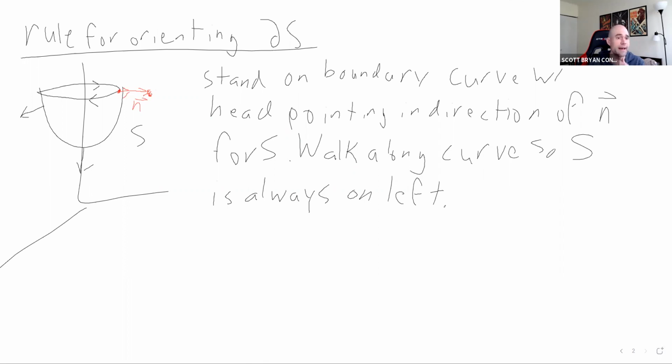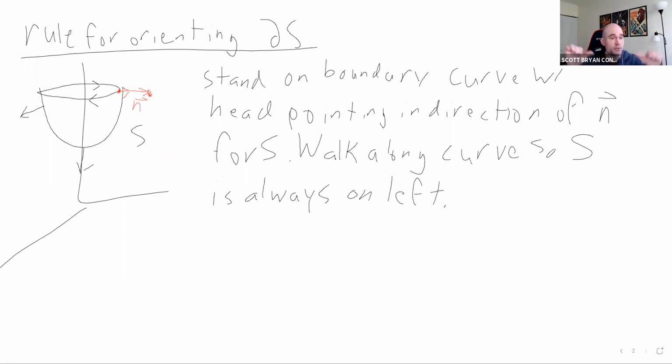Does everyone see that? This is kind of hard to visualize sometimes, but that is a rule. Imagine you're walking along this with your head pointing towards the unit normal vector for the surface. What direction do you need to walk so that S is always on your left? If you're looking down, it would be clockwise.